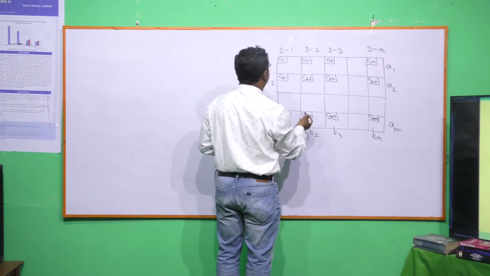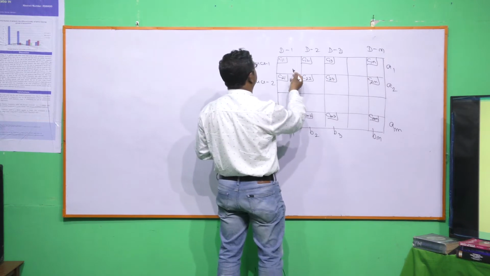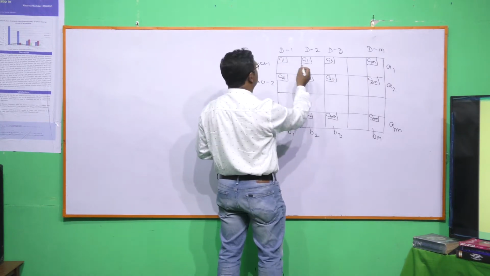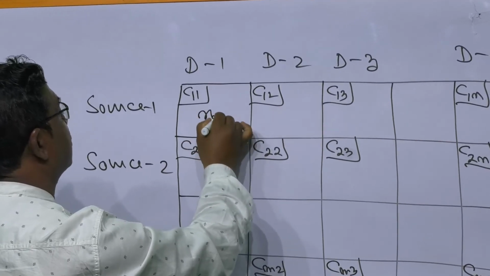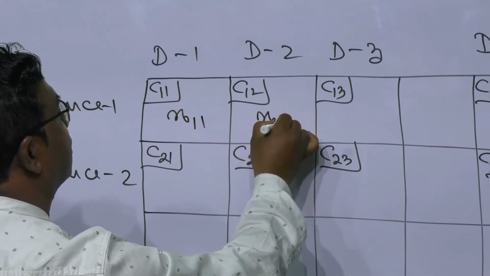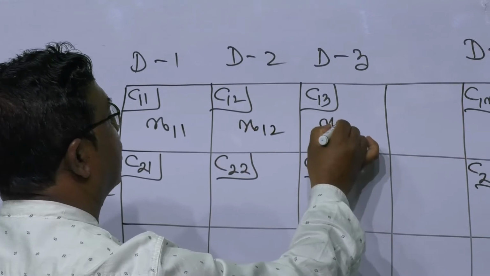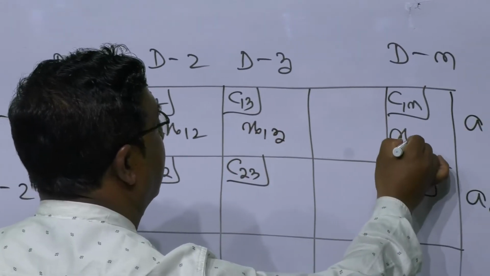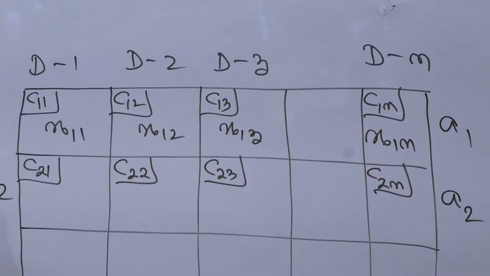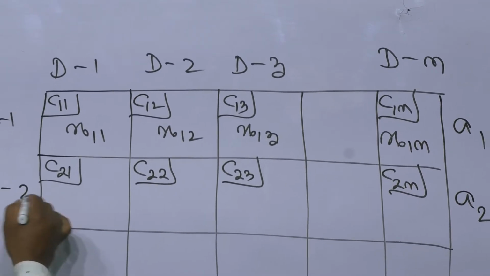Then the quantity to be transported from source 1 to destination 1 is denoted by, say, X11, X12, X13, X1n. These are the quantities to be transported.